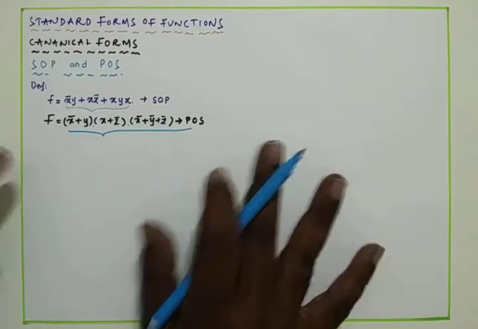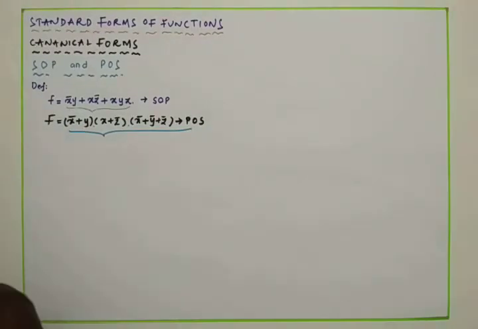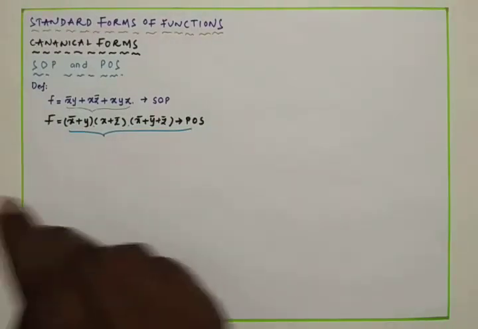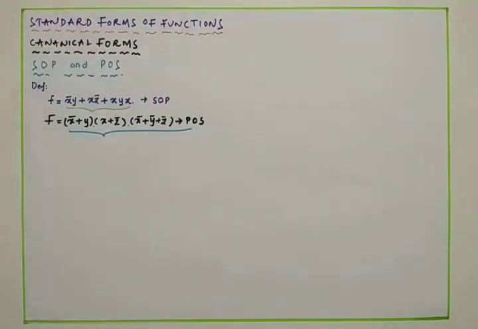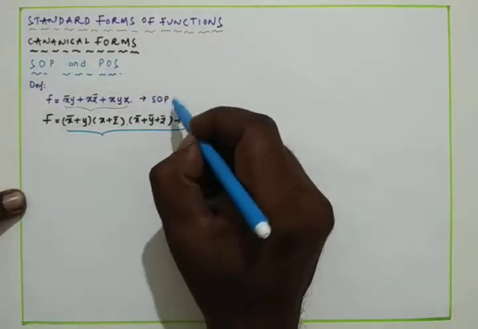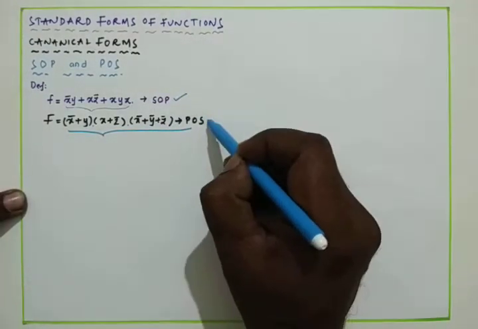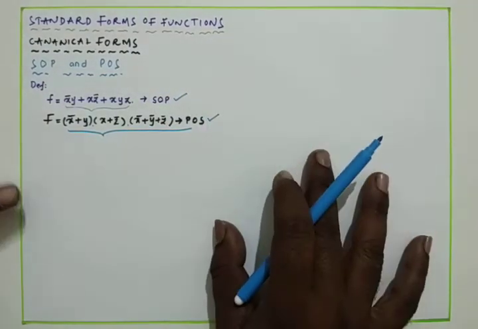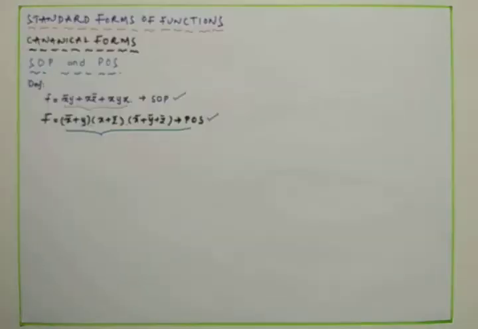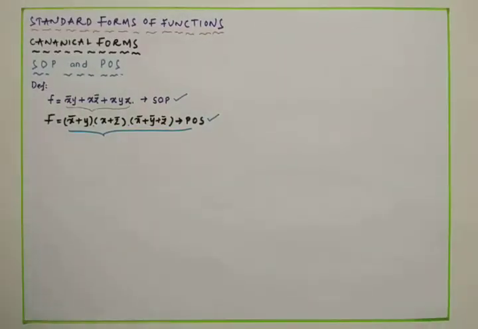So likewise, we can have two forms of Boolean functions: one is sum of product, the other is product of sum. But here we have to go for the extension of sum of product and product of sum, that is, the standard forms of these functions.